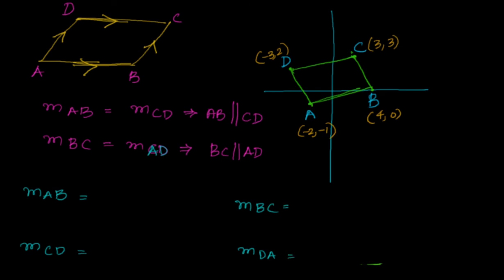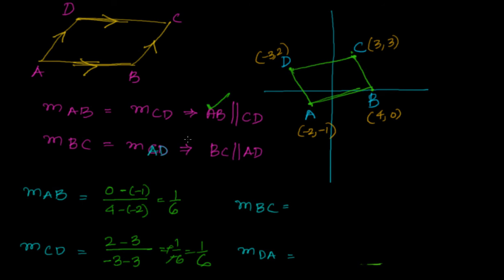The slope of AB is y2 minus y1, that is 0 minus of -1, divided by 4 minus of -2, that's equal to 1 by 6. The slope of CD, if I start from D, is y2 minus y1, that is 2 minus 3, divided by -3 minus 3, that's -1 by -6, which is equal to 1 by 6.